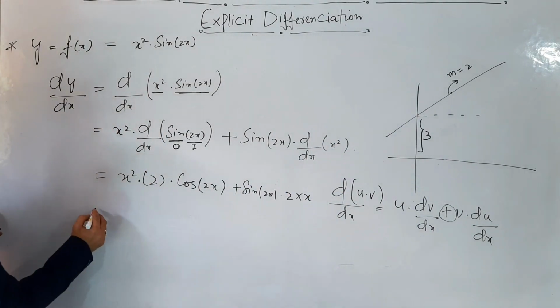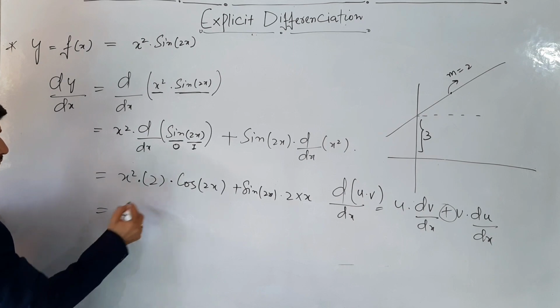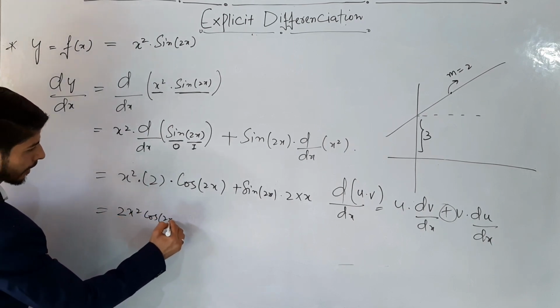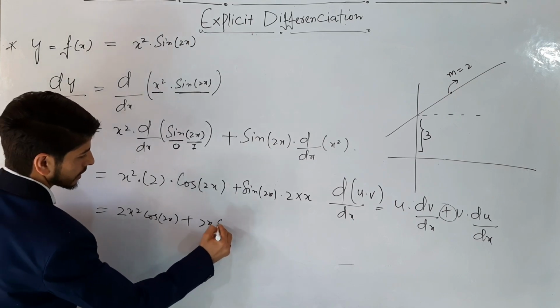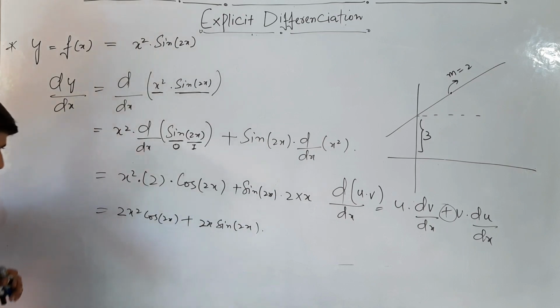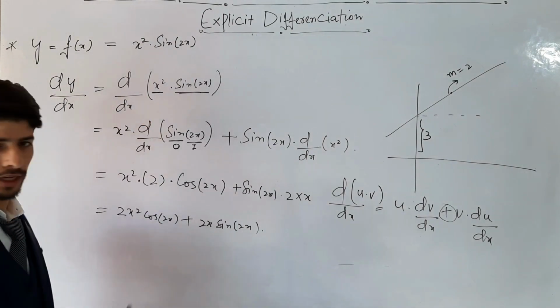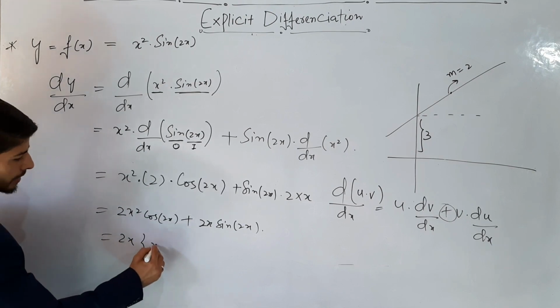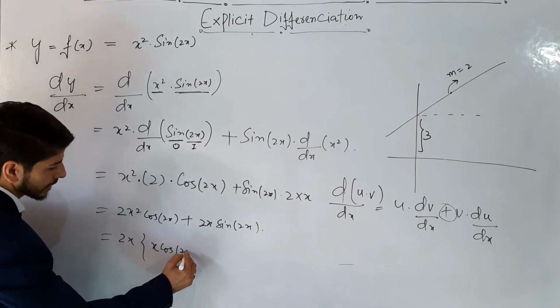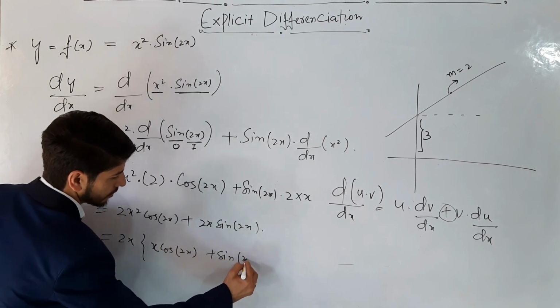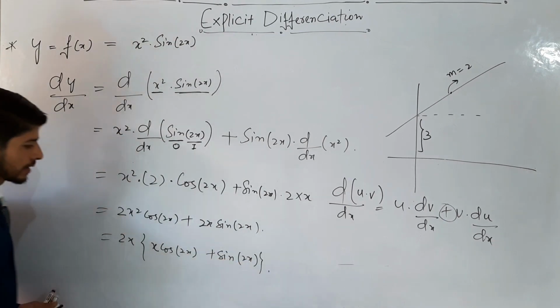And here it will be 2x square cos of 2x plus 2x sine of 2x. I hope you understand what the chain rule is here. And here, if you find that 2x is common, it will be 2x times x cos of 2x plus sine of 2x. The final answer.